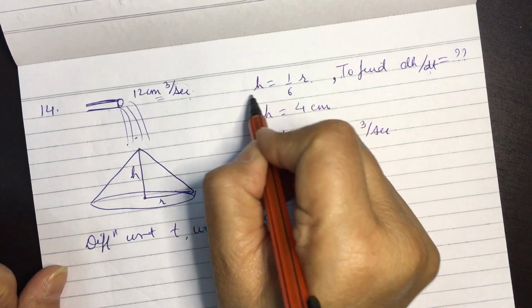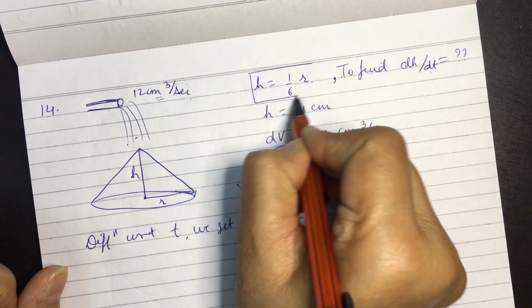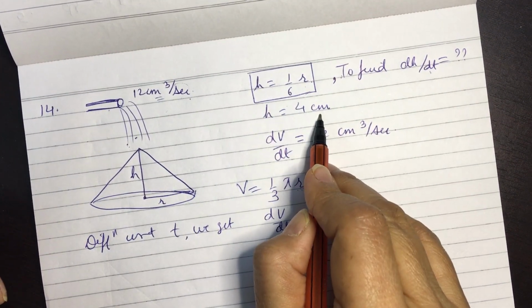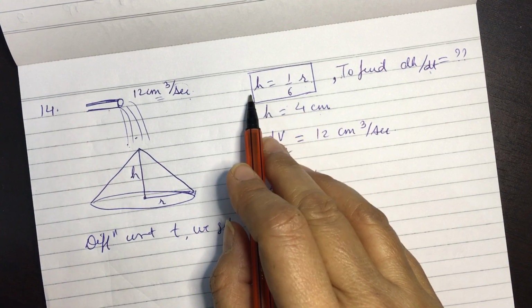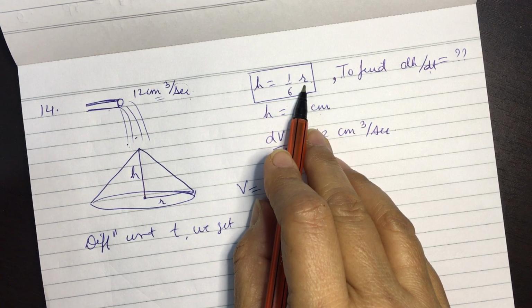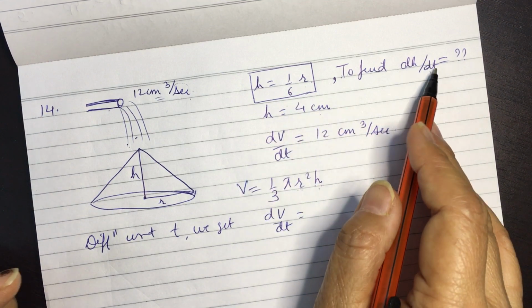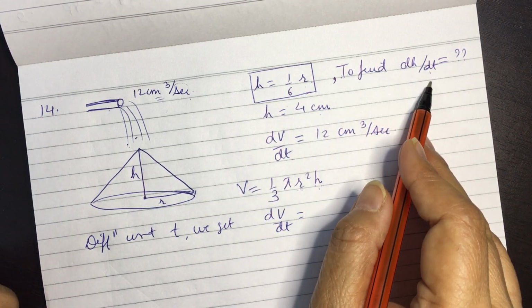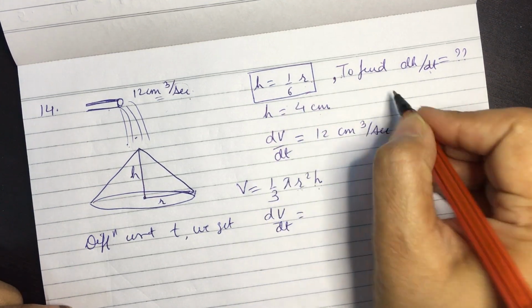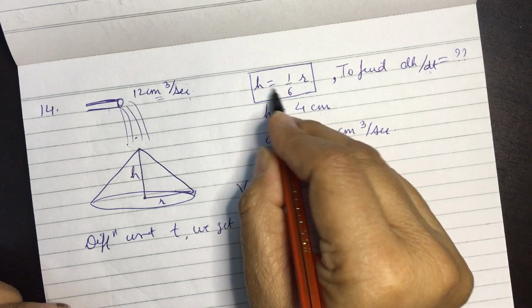We are given this relation that h is equal to 1 by 6 r. So either you can write r in terms of h or you can write h in terms of r. But ultimately, since we are required to find dh by dt, let's remove r and write it in terms of h as 6h.